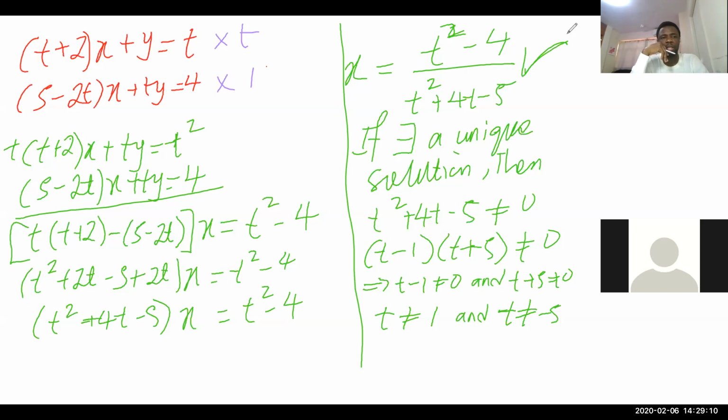Can someone else explain the best way to get y? Anyone? Quickly. I'm waiting, guys. Hello? Substitute the right-hand side.